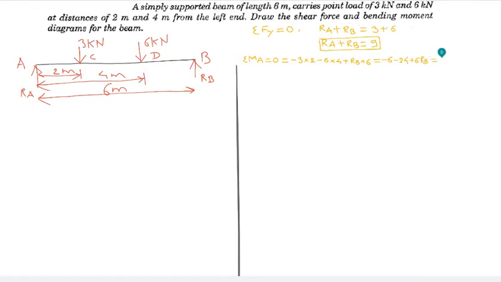If you solve this further, you will get the value of Rb equal to 5. So Rb is equal to 5 kilonewton. This is what you will get after solving that equation. And if you put this value of Rb in this equation, then you will get Ra equal to 4 kilonewton.